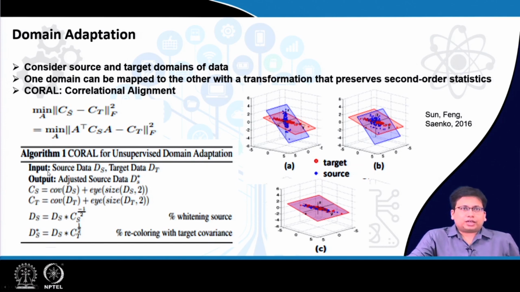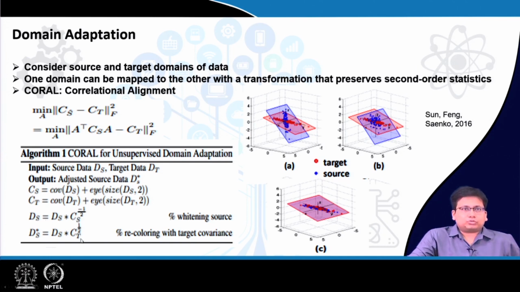So, this is how the algorithm works. As you can see, it's a really straightforward algorithm. You just have CS, the covariance matrix of the source domain, and CT, the covariance matrix of the target domain, and you carry out this transformation, where DS stands for the data points in the source domain.